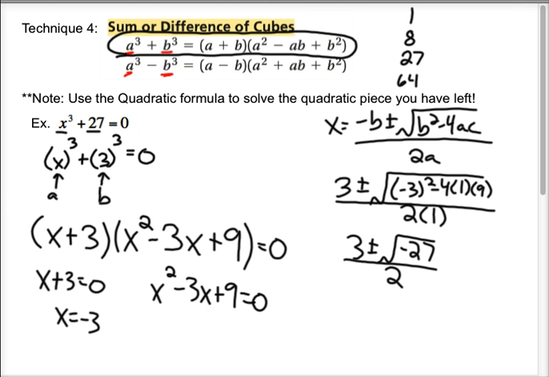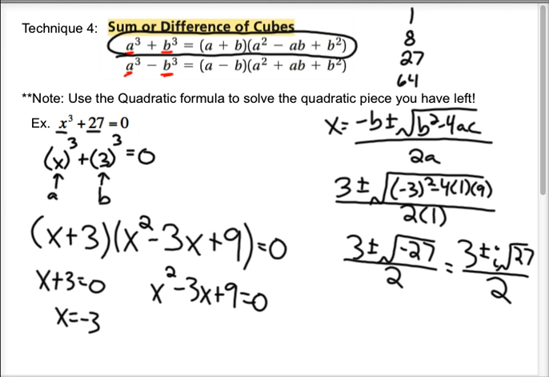Now, when we're square rooting a negative, remember, we're not really able to square root a negative. So what do we do to compensate for that? We say we're dealing with imaginary numbers. Now, unfortunately, even this has a slight twist to it, okay? That's the square root of 27, okay?